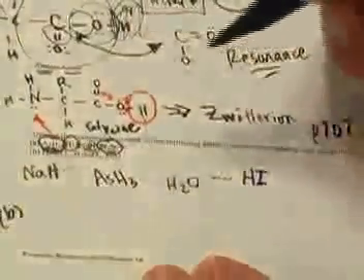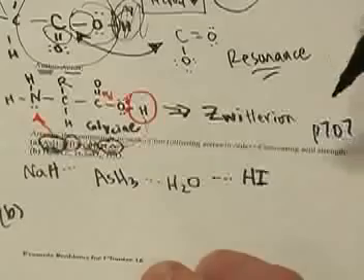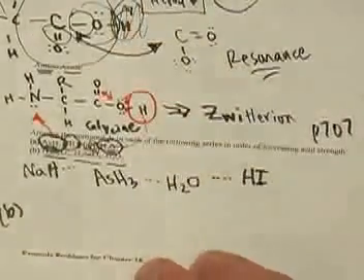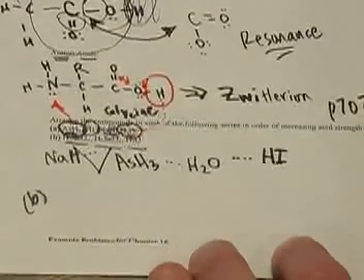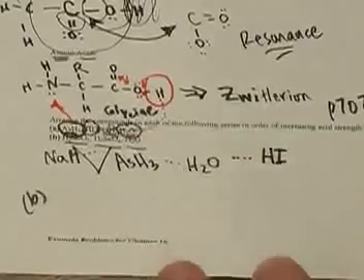Letter B, it now says, in order of increasing acidic strength, I've got H2SeO3, H2SeO4, and H2O. Now, if you look at just between the two Se-containing molecules, the one with more oxygens is going to be more acidic.